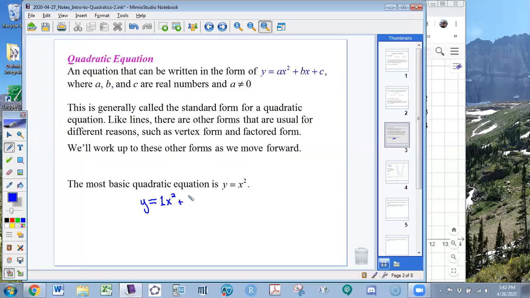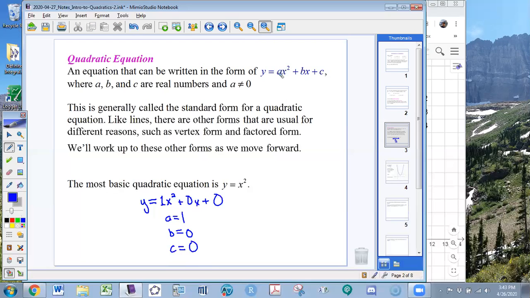And then I could also say that I had added a 0x and a 0. So now I do in fact have it written as a x squared plus b times x plus c, where a is 1, b is 0, and c is 0.